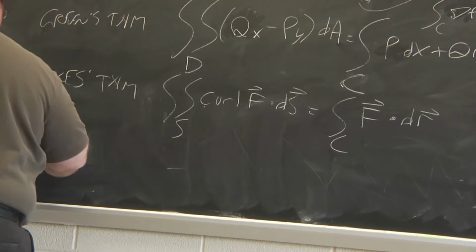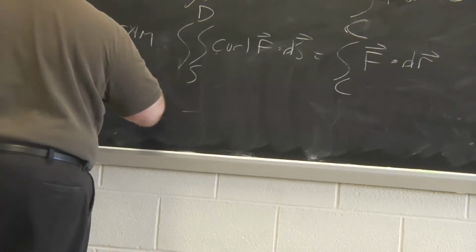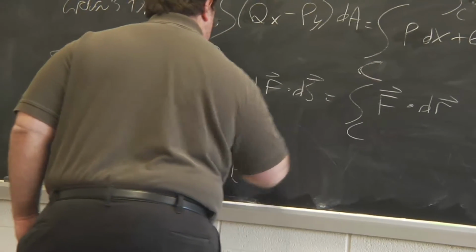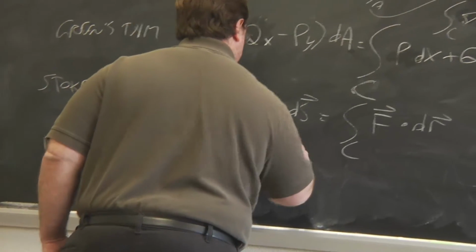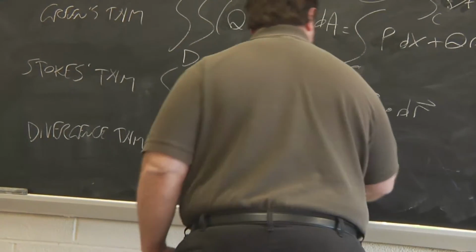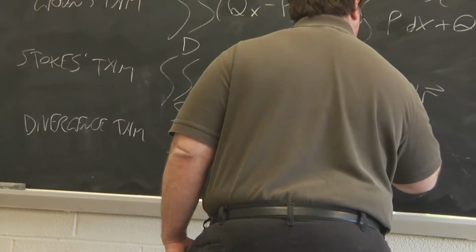And then finally, the divergence theorem deals with a solid. The integral of the divergence of a vector field is the integral over its boundary surface of the vector field itself.